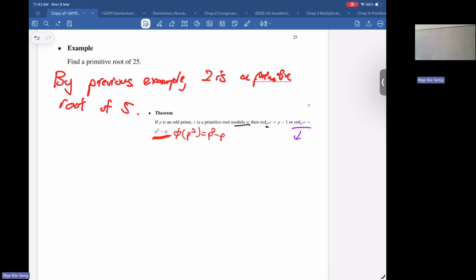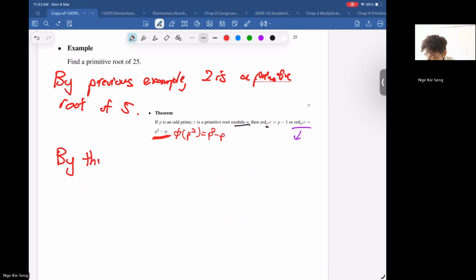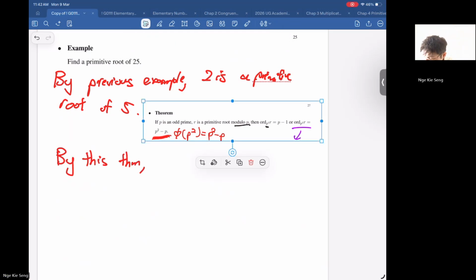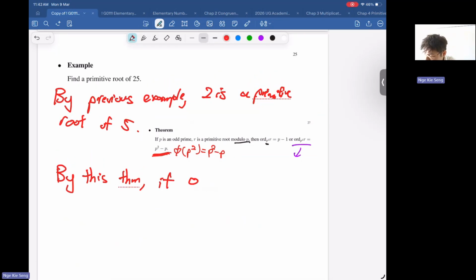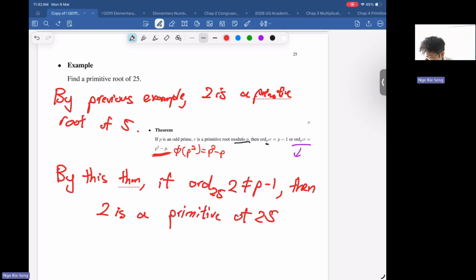So by this theorem, if the order of 2 mod 25 is not p minus 1, then 2 is a primitive root of 25. Okay, good. So let's check this. So p minus 1, not 25 minus 1. This is p, so 5 minus 1, which is 4.